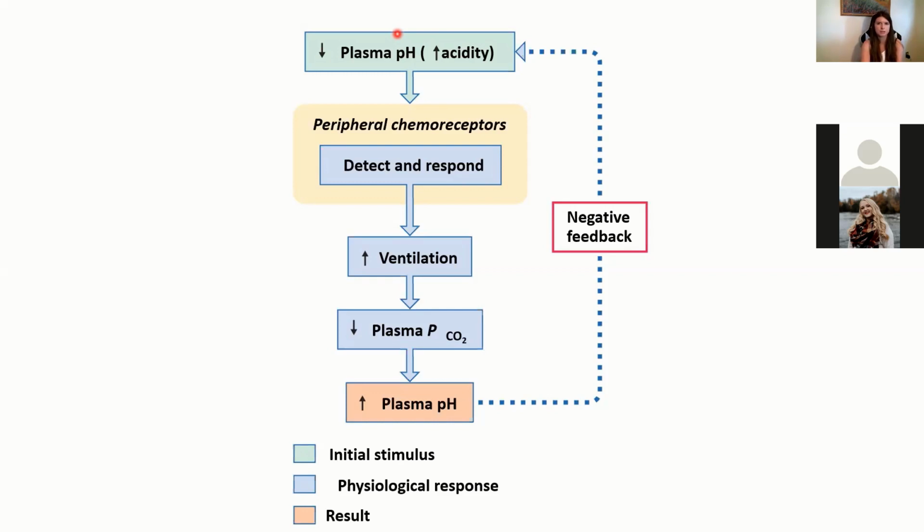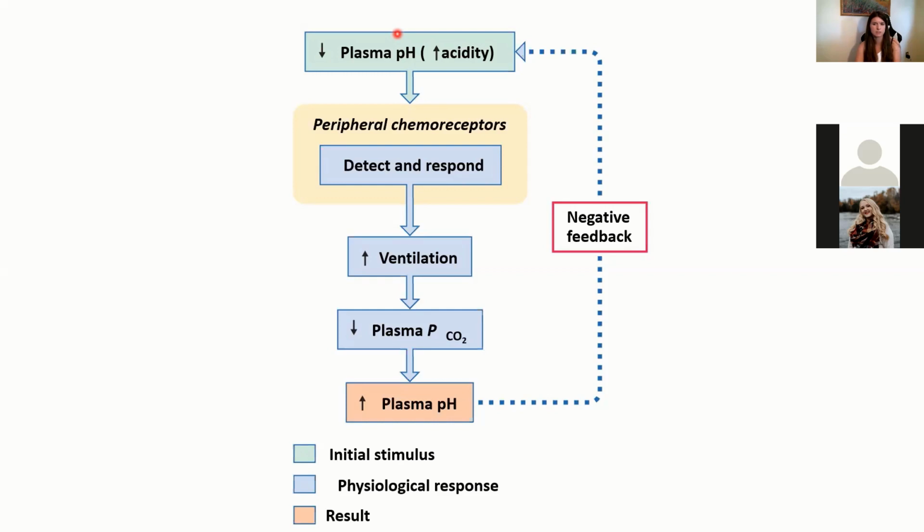And the way that they're going to react is to increase ventilation. So they're going to increase ventilation in order to breathe off more carbon dioxide. As we breathe off more carbon dioxide, it means we're going to lower the carbon dioxide concentration of the blood, which means that we're essentially lowering the number of hydrogen ions in our blood.